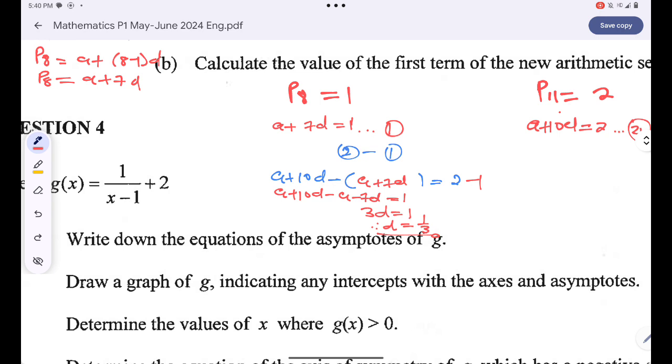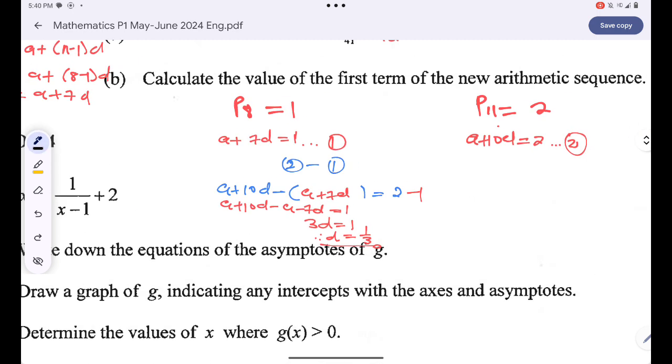After finding the value of D, I can go and find the value of A. I can simply use any of the two equations. Let's use equation 2. A plus 10D is equal to 2. That's A plus 10 multiplied by 1 over 3 is equal to 2. So A is 2 minus 10 over 3.